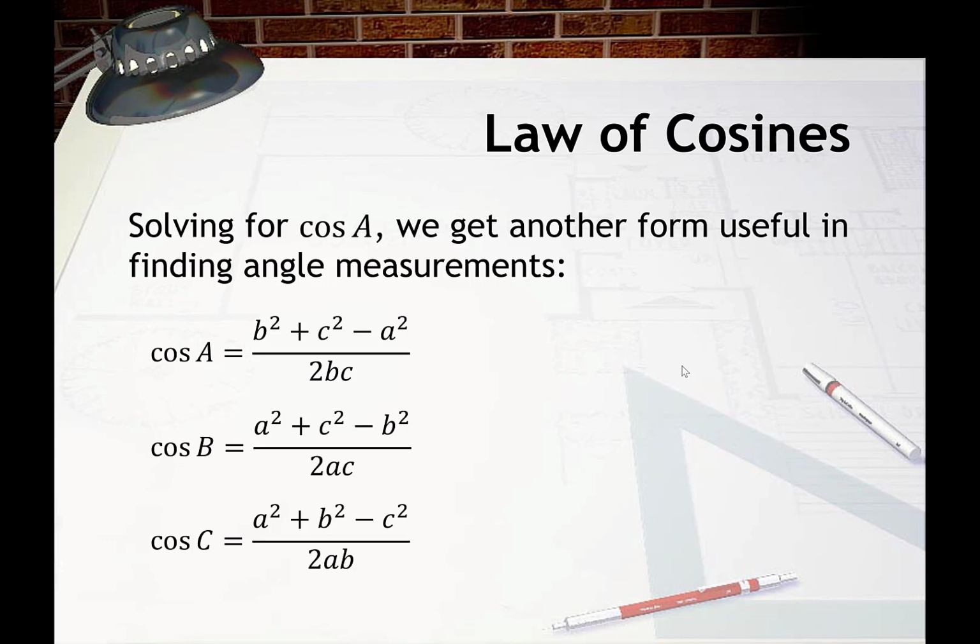So it's best, if you're looking for an angle, to start with the largest angle. Now, how do we know which one's largest if we don't have any? Well, we already know that. We know that the longest side will correspond to the largest angle. So whichever our longest side is, we'll find that angle first if we're looking for side-side-side.